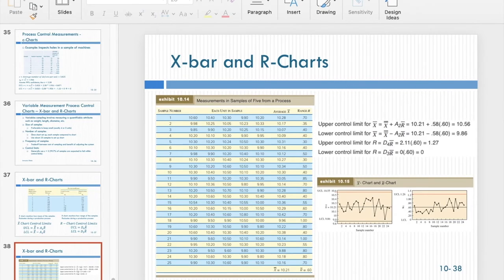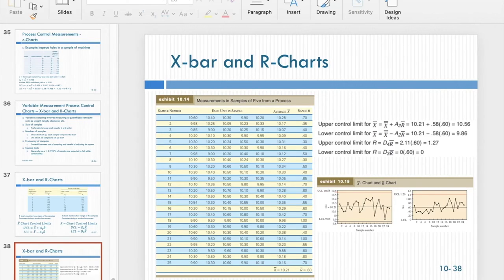Let me ask you the first question. What is the mean of the length within the first sample? Basically, you just add all these 5 numbers up and divide by 5. You get the average X bar within this sample, right? So you have an X bar for every sample.